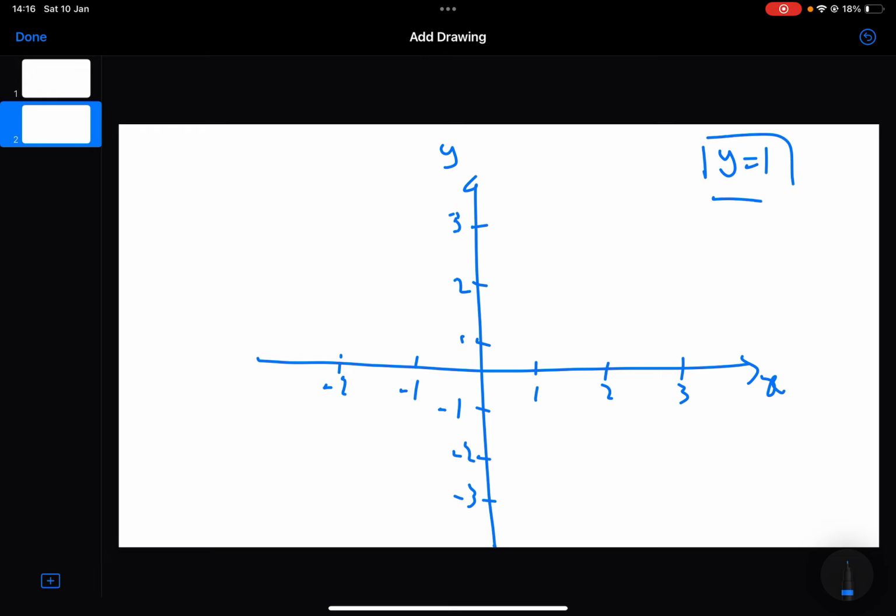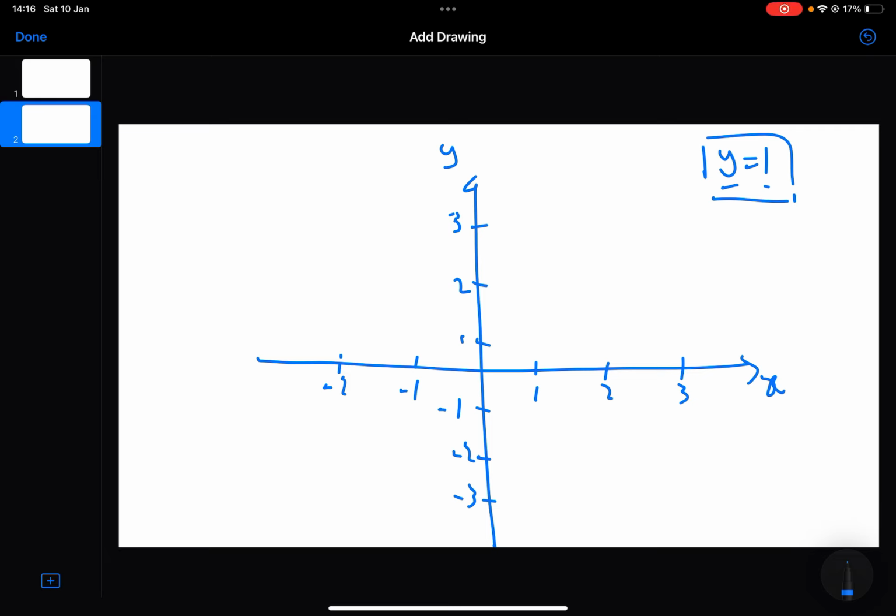This equation here, y equals to 1, is telling people the y is always 1. Don't care what the rest of the world is doing. I don't care what the value of x is. I don't care what the value of maybe z, a, b, c is. I don't care about anything. Y is always the same as 1.